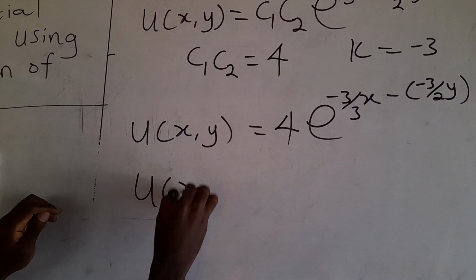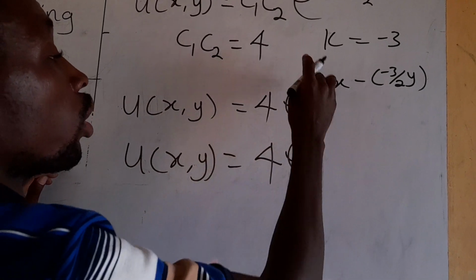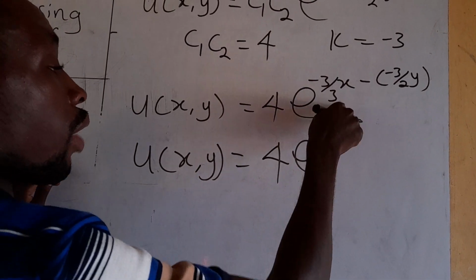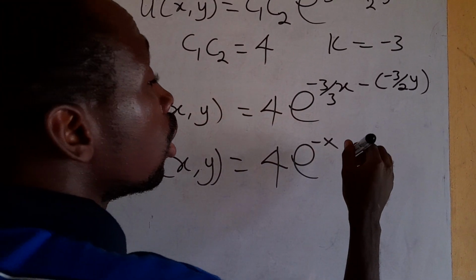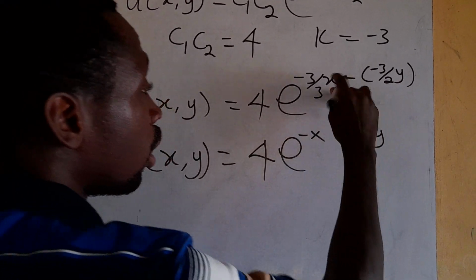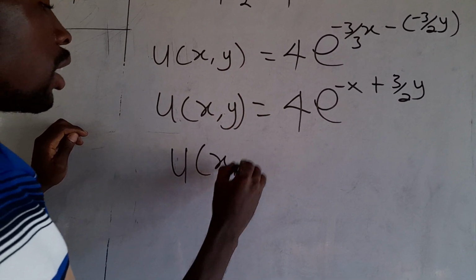So U of x, y will be equal to 4 e exponent negative x. Look at that. 3 divided by 3 will be negative 1. Then this will be plus 3 over 2y. We can rewrite this. You can leave it like this, but let's rewrite it again.